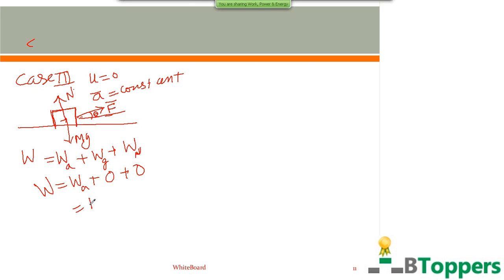which you can write as Fs cos theta. If the body moves in a straight line path with uniform acceleration, the magnitude of the displacement covered in time t, if it starts from rest and moves with constant acceleration, is given by half a t square.